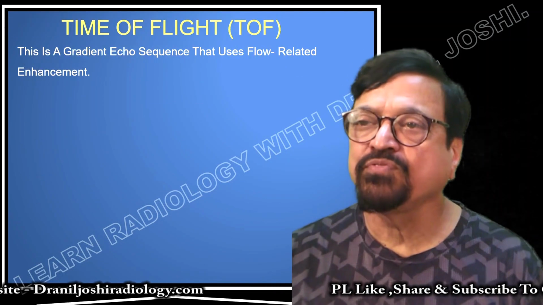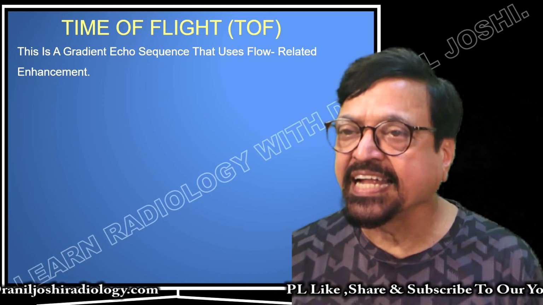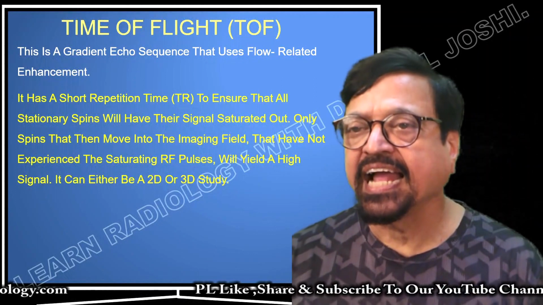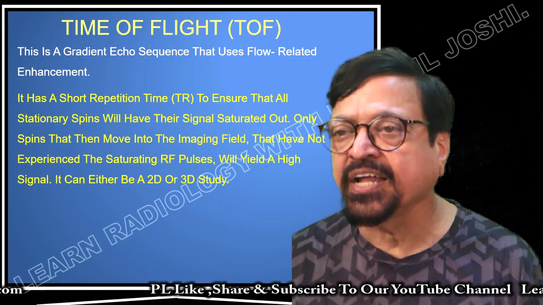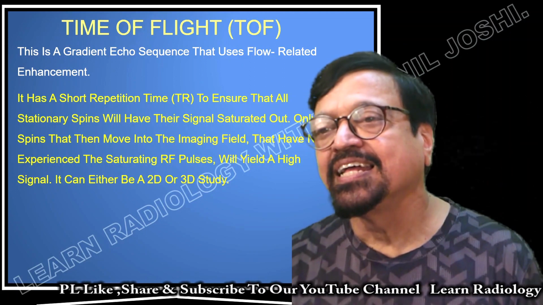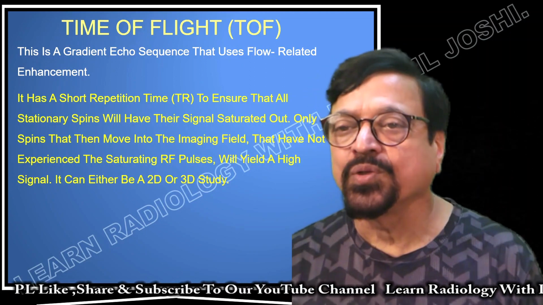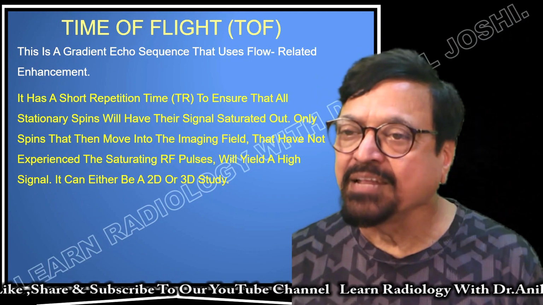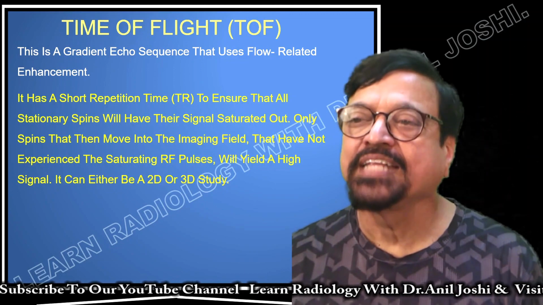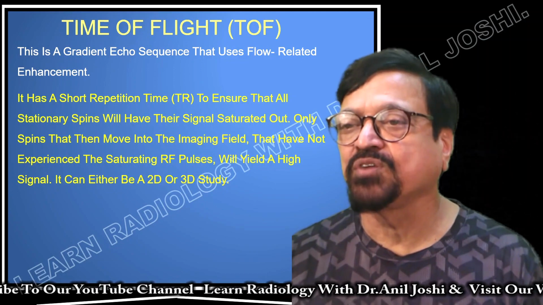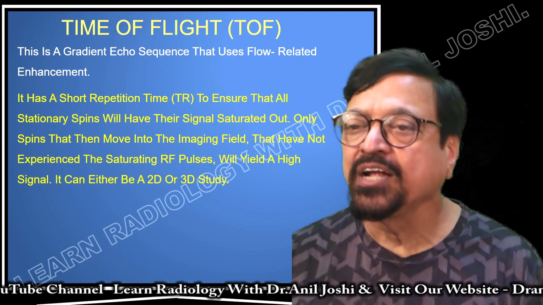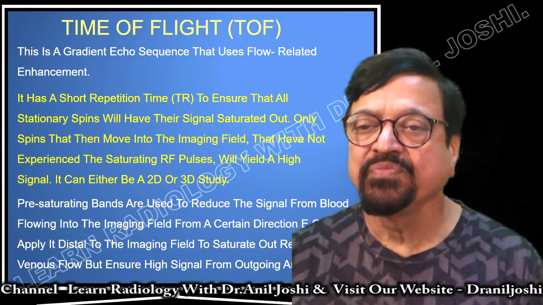Now what is time of flight TOF? This is a gradient echo sequence that uses flow related enhancement. It has a short repetition time TR to ensure that all stationary spins will have their signal saturated out. Only spins that move into the imaging field and have not experienced the saturation RF pulsation will yield a high signal, and it can either be a 2D or 3D study.